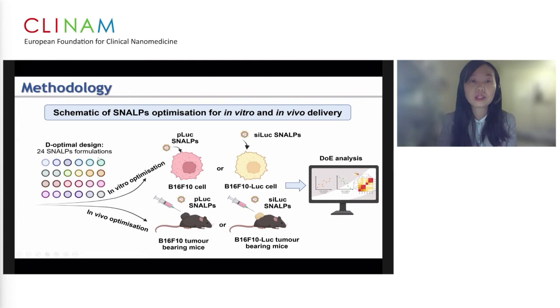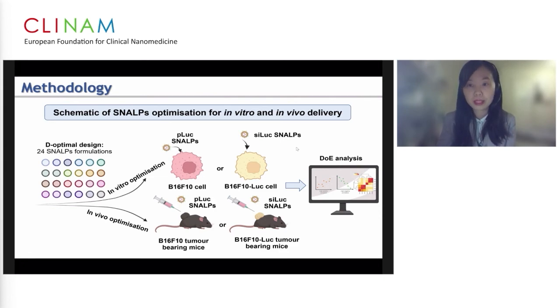For the transfection evaluation, we use the luciferase reporter gene PLUX and the SLUX SNAPs to transfect the non-luciferase expression model and the luciferase expression model respectively.